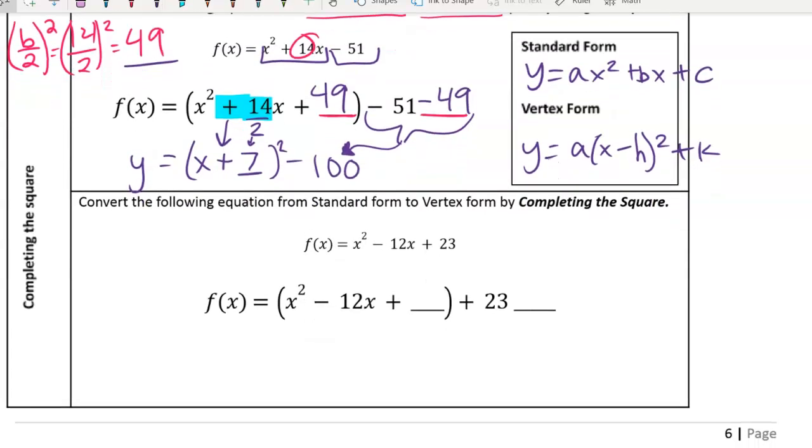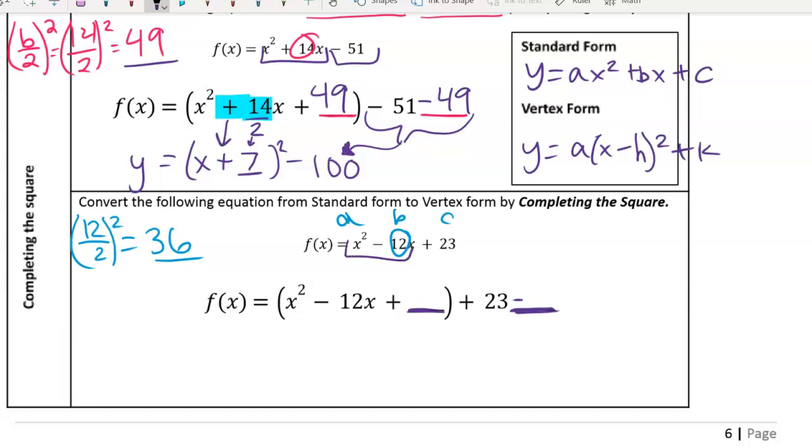All right, so to do the next one, again, we're going to look at our b value because this is a, b, and c. If our b value is 12, we'll say 12 over 2 squared. 12 over 2 is 6. 6 squared is 36. So this is the number that's going to be added and subtracted from our equation.